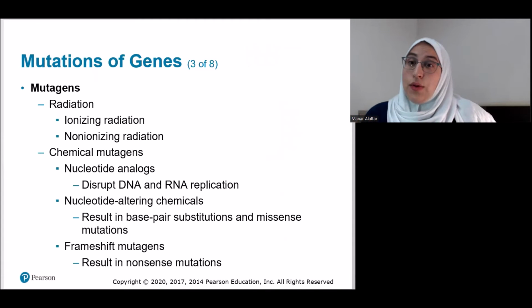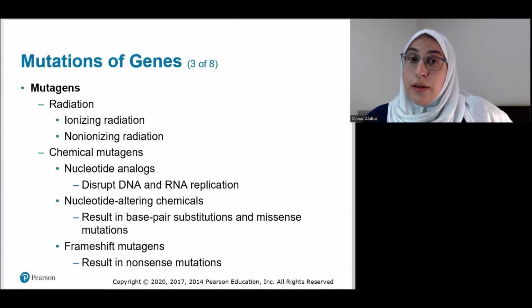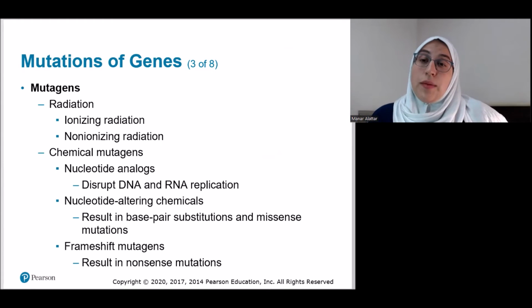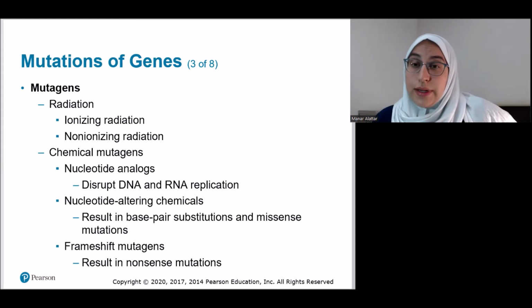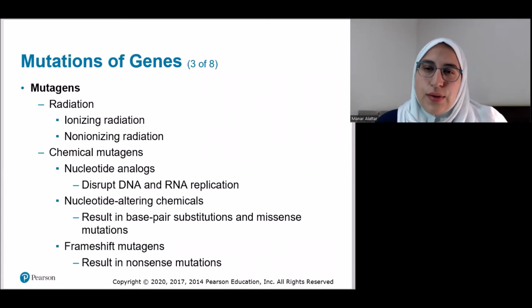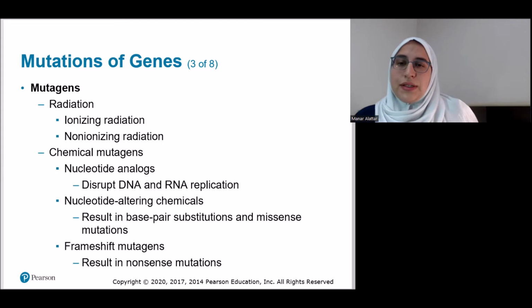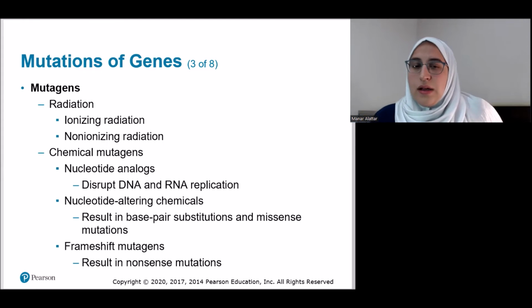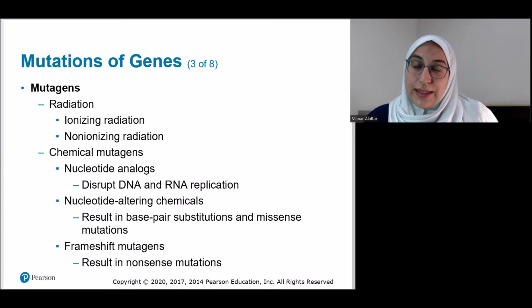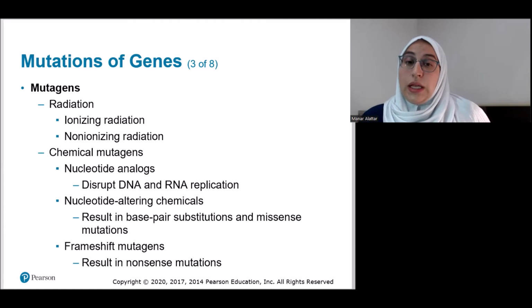Now, we said in the normal processes of the cell, mutations are very rare, but there are environmental conditions that will increase the likelihood of mutations by decreasing the efficiency of these processes that we've talked about. So, intuitively, we know about these various types of chemicals and radiation within our systems and within our diets that will lead to increased likelihood of mutations.